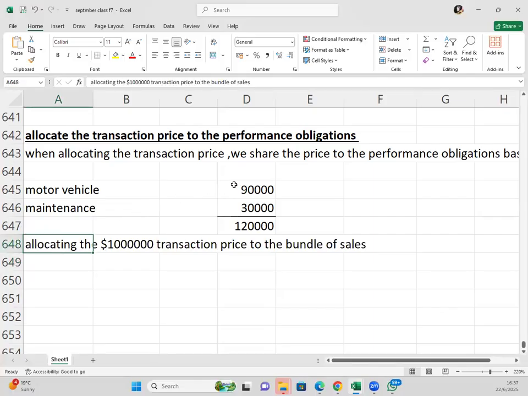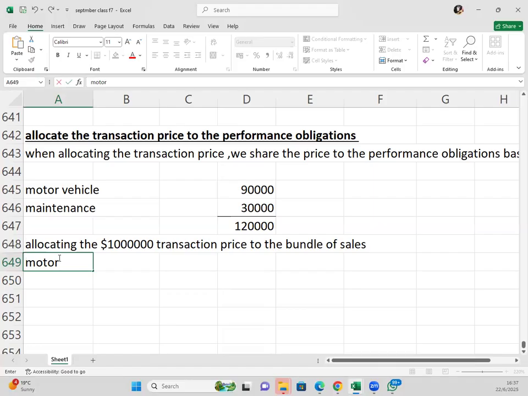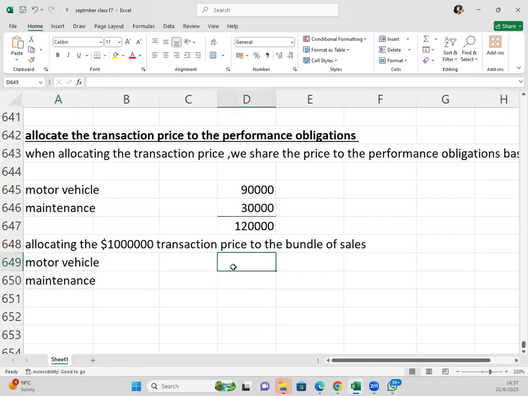The 90,000 and the 30,000 are called stand-alone prices. If you were to sell the motor vehicle alone, how much would you sell it for? The maintenance alone? Those are stand-alone prices. So you share the 100,000 based on the stand-alone selling prices, in the ratio 90:30.